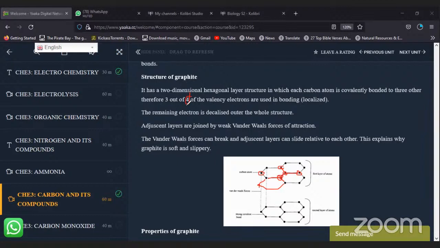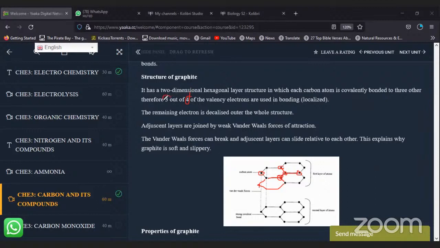So carbon has valence 4. It exhibits valence 4. This means that carbon can only bond with any other 4 atoms. So it has 4 electrons to bond with other atoms, only 4.